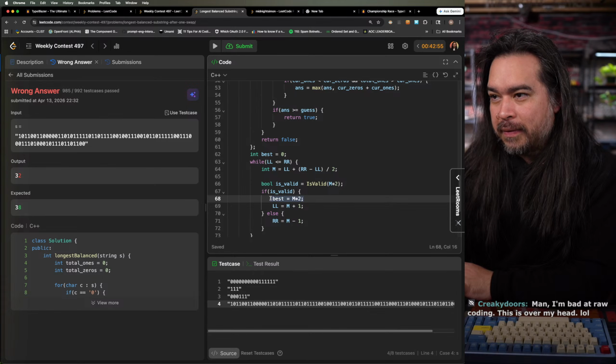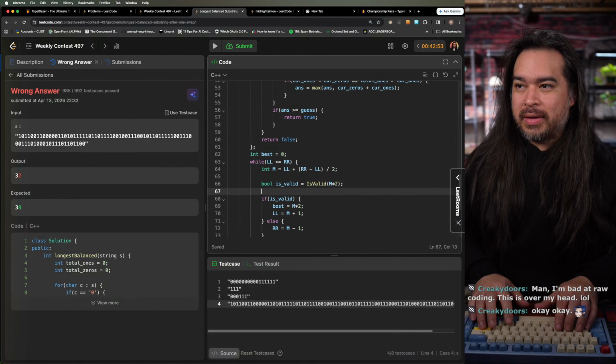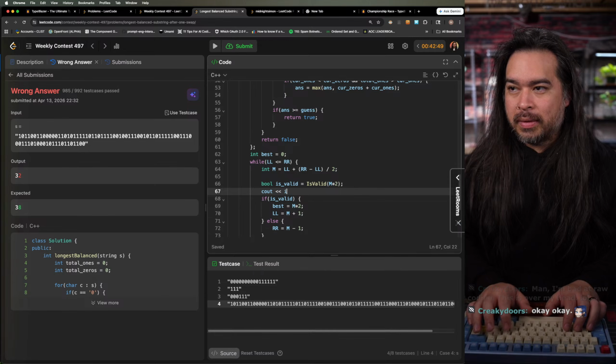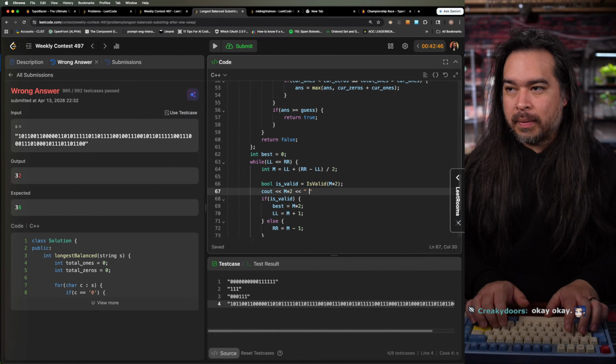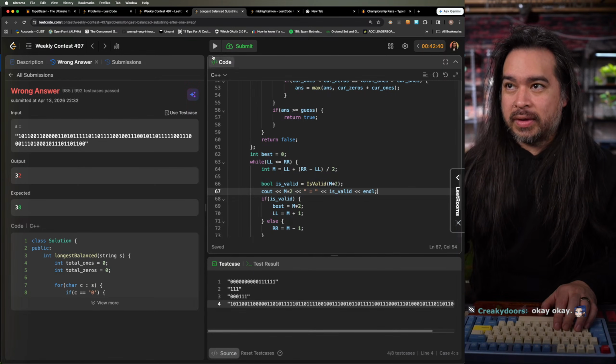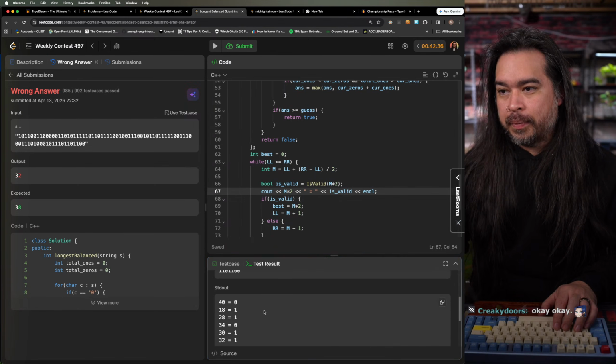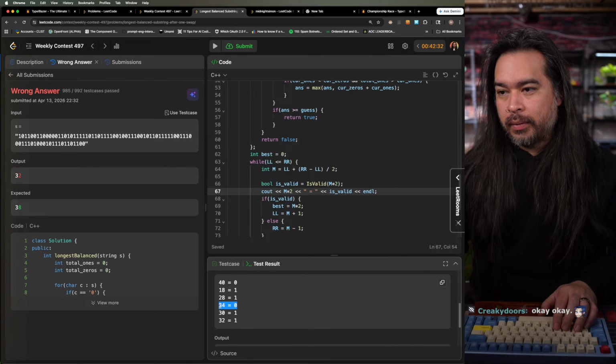I mean, if it's valid, let's see. What's this given back? So it tried 34 and it came up with 0.